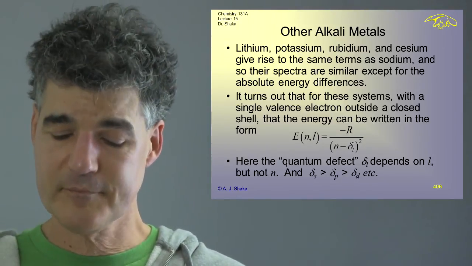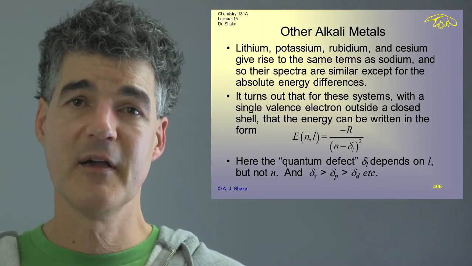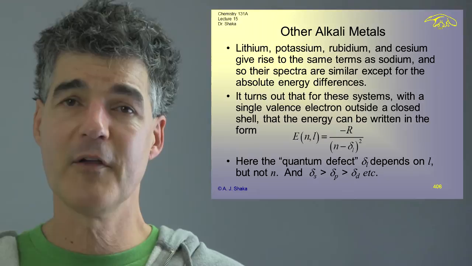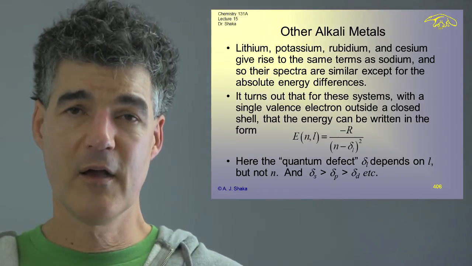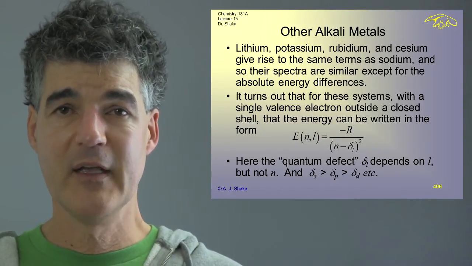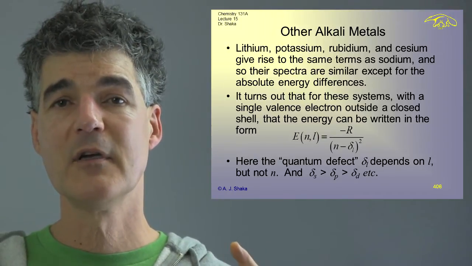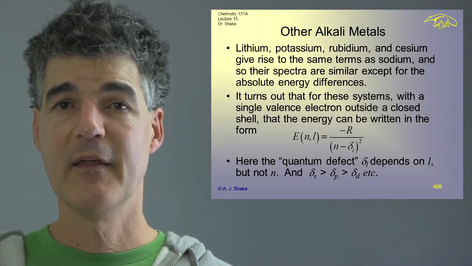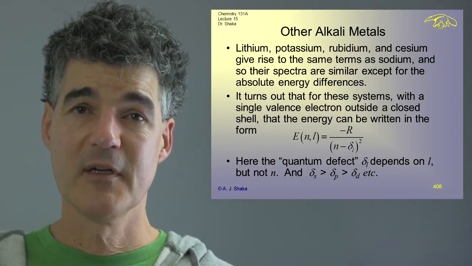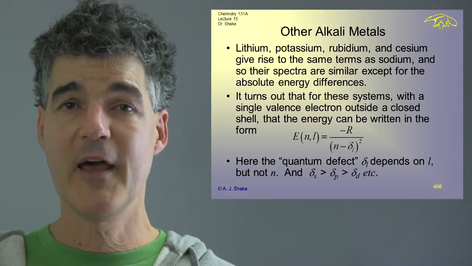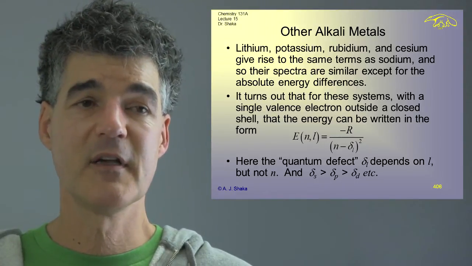And delta l has to do with the other electrons being around, changing the apparent value of the energy. Delta l depends only on l, not on n. And that's important because since it doesn't depend on n, if we get a couple of n values, we can solve for delta l. And then we can estimate, for example, the ionization energy of an atom that's a non-hydrogen atom if it's an alkali metal by this means.